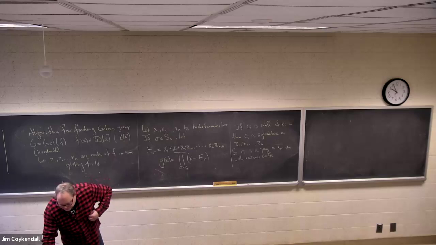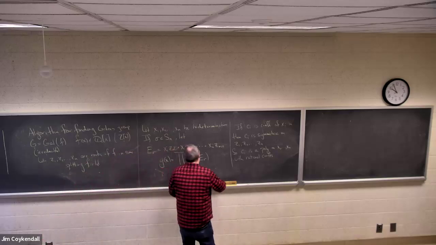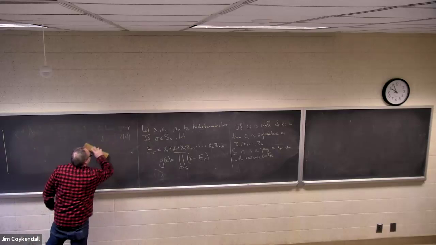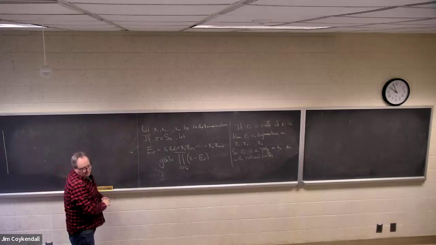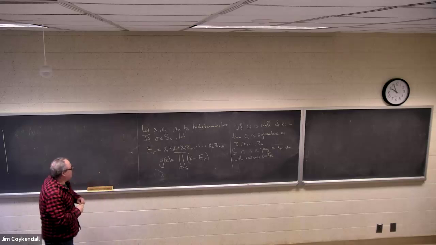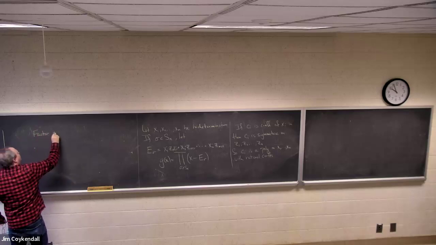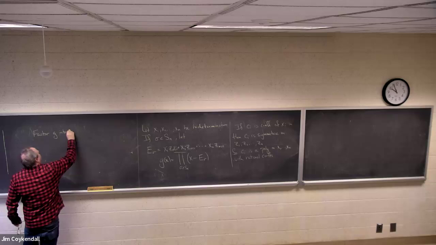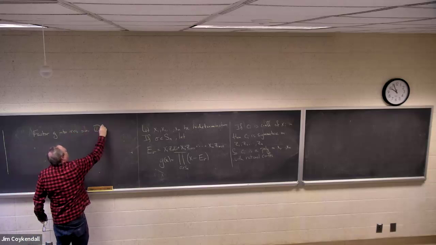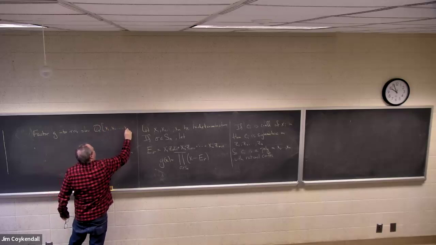Now, once this is done, now factor, and this is not an easy thing to do either, factor G into irreducibles over Q, x1, x2, c1.